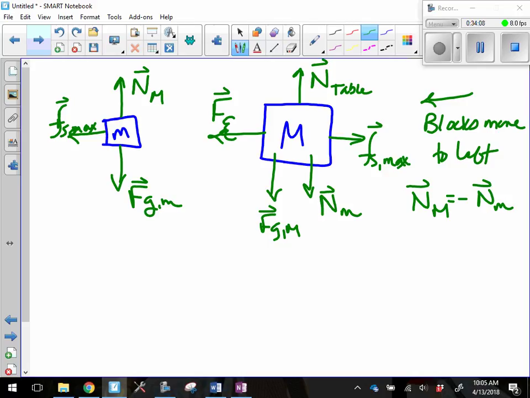Yes, because it's only touching big M. It's the friction force that's bringing little m along with big M. Okay. But because we're assuming that this friction force exists, I can assume that big M and little m are moving as one thing. Okay.